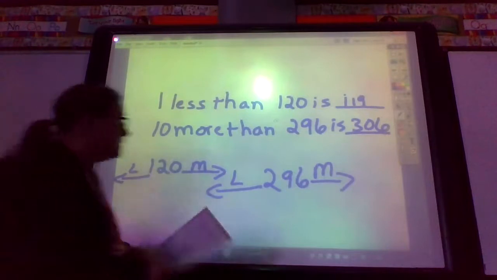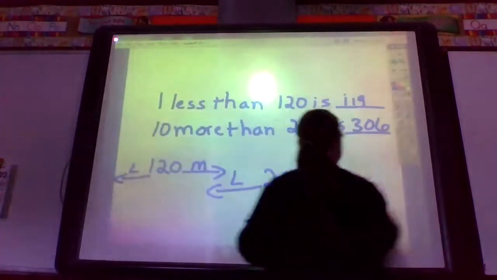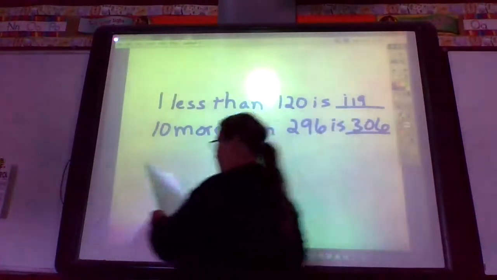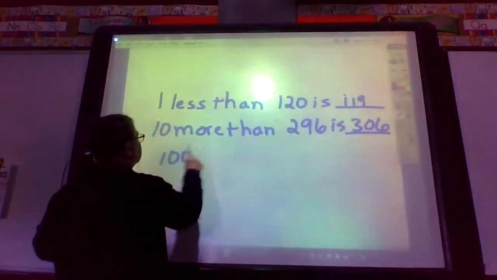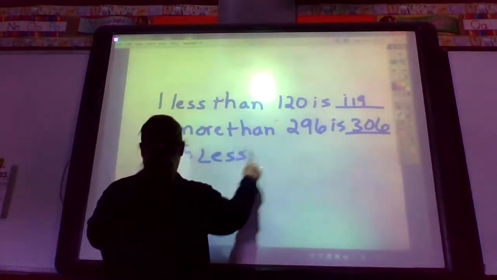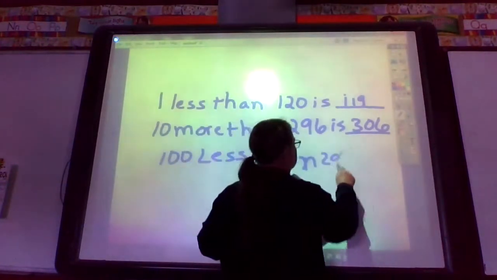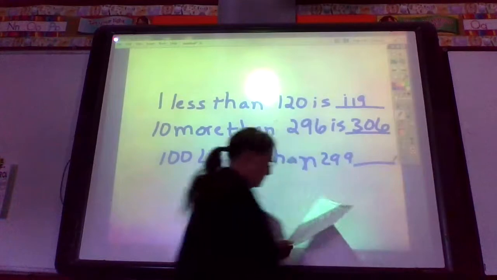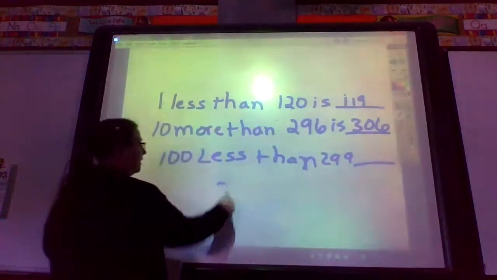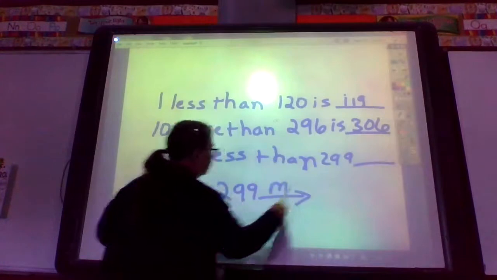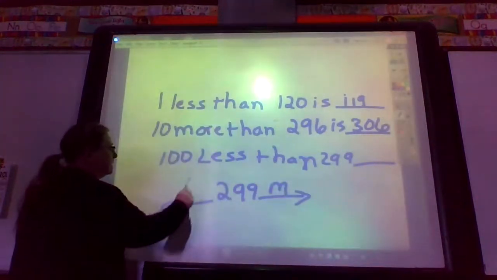Letter C is this one. It says 100 less than 299 is what? Remember, I have 299. More gets bigger, less gets smaller.